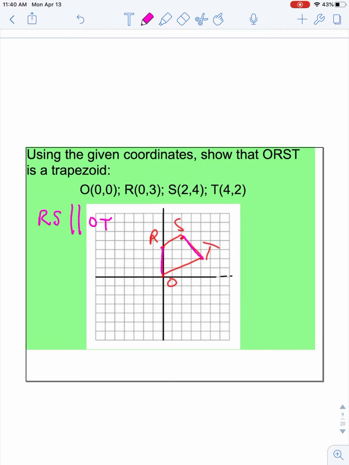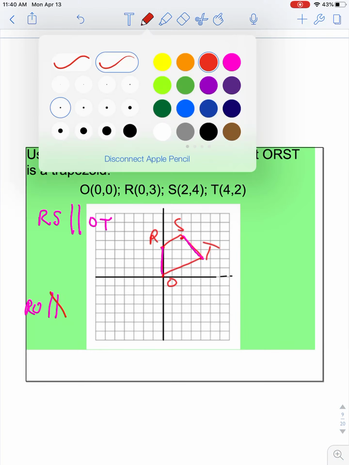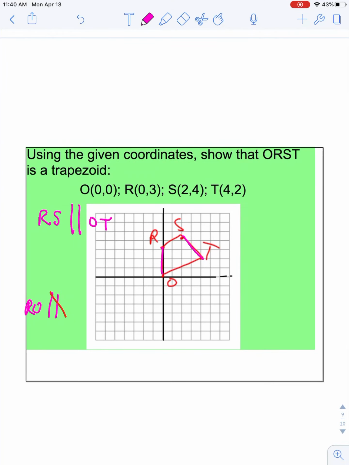But what I still should always do is show that RO is not parallel to the other side, which would be ST. I know that seems obvious, but you should still do it just for clarity.